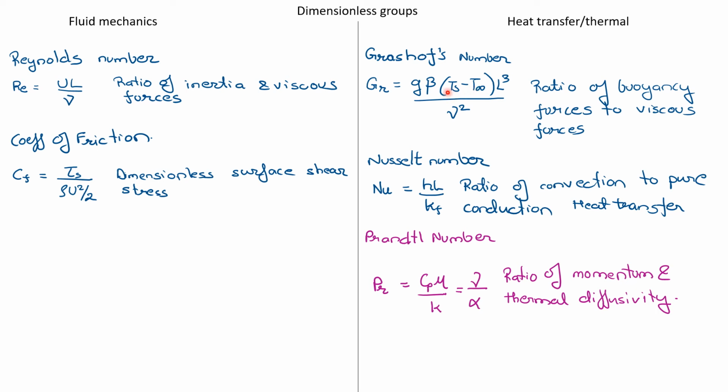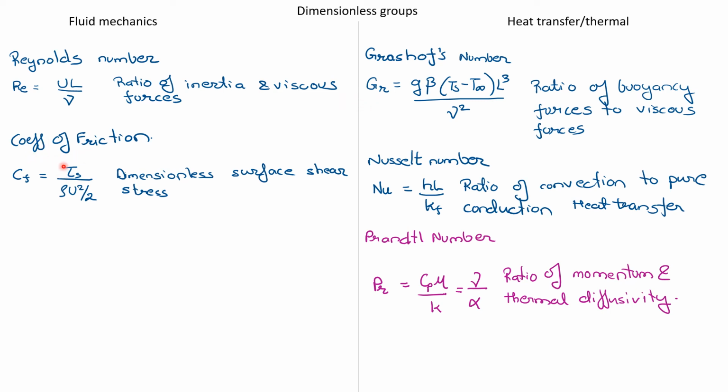That's why you see a temperature difference term in the numerator, which creates buoyancy. You have the viscosity in the denominator, so it is somewhat analogous to the Reynolds number.